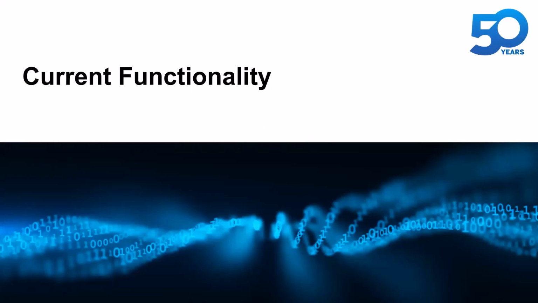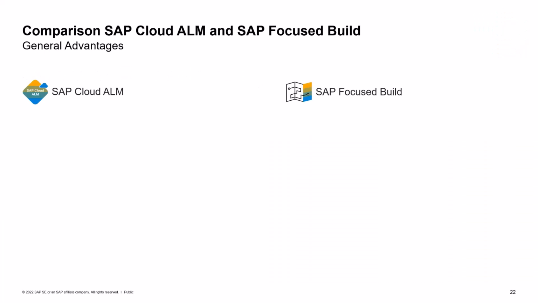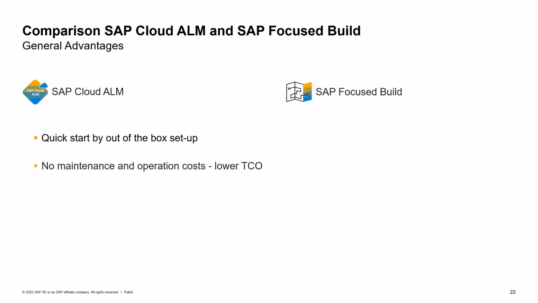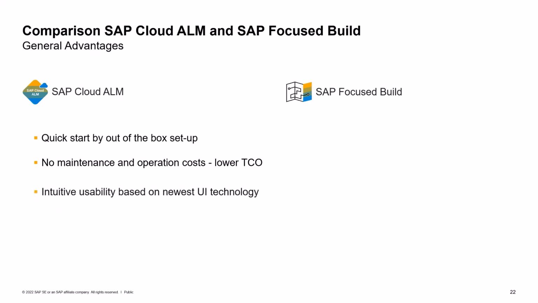Let's have now a look at the functionality. So on a high level, the general advantages of SAP Cloud ALM are a quick start. You can directly run your system out of the box. We have no maintenance and operation costs, so we have a lower total cost of ownership. We have intuitive usability based on the newest UI technology.